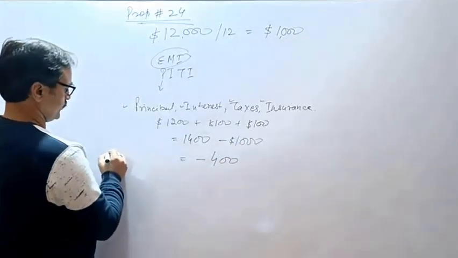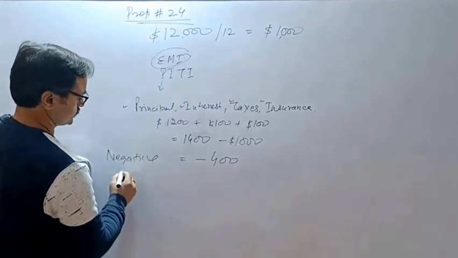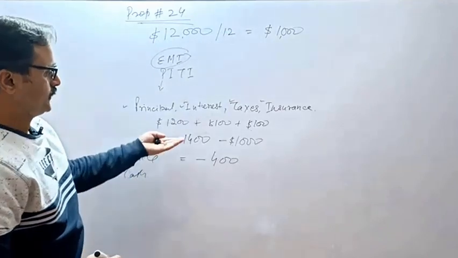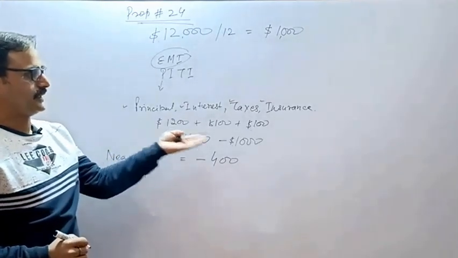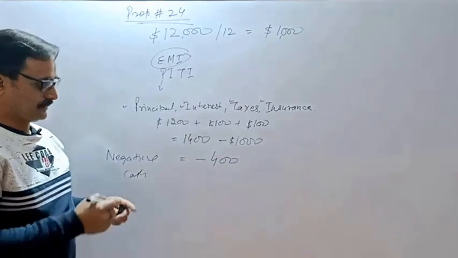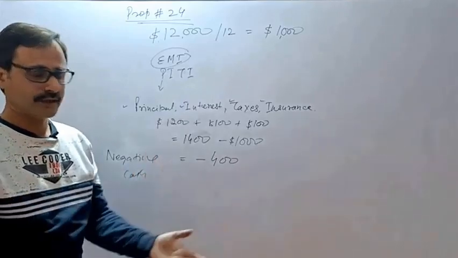So this is what we call negative cash flow. This property gives us a negative cash flow because I'm spending 1,400 per month and receiving only 1,000. That is how I make out whether a property is going to give me a positive or negative cash flow.